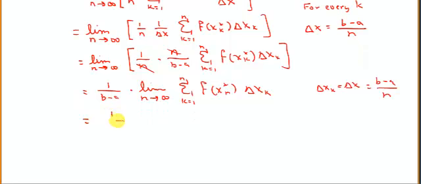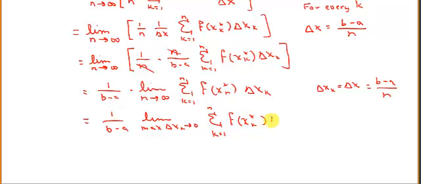So this would be the same thing as 1 over b minus a times the limit as the maximum of the delta x sub k's goes to 0 of this sum as k goes from 1 to n of f of x sub k star times delta x sub k.